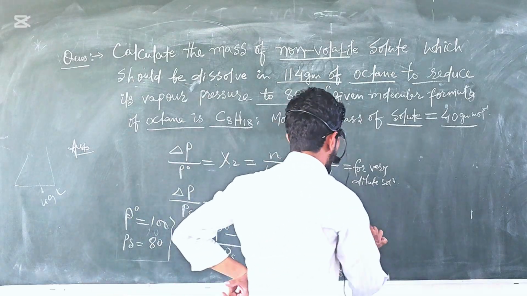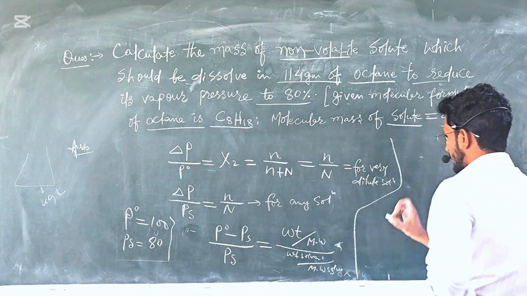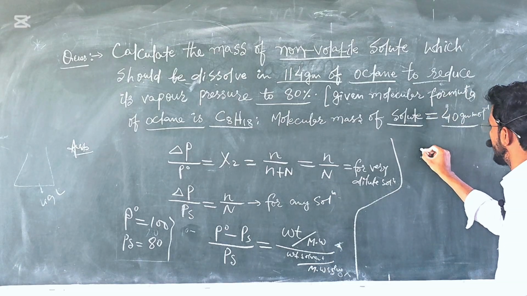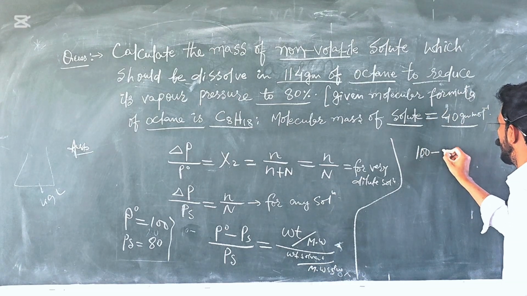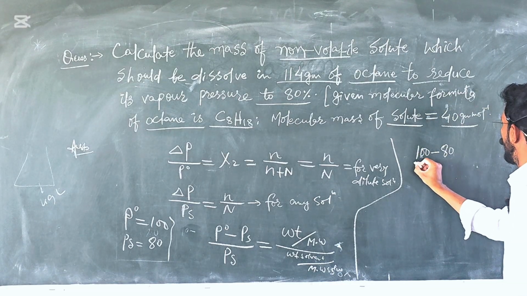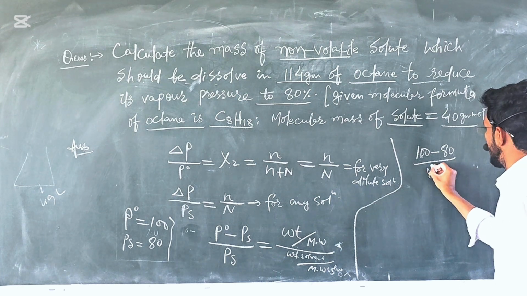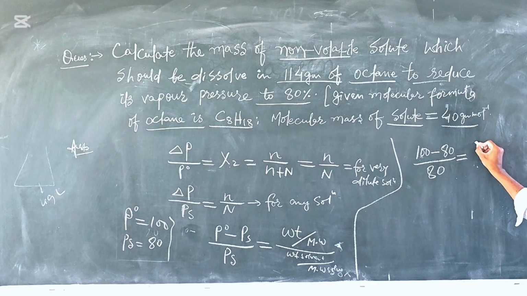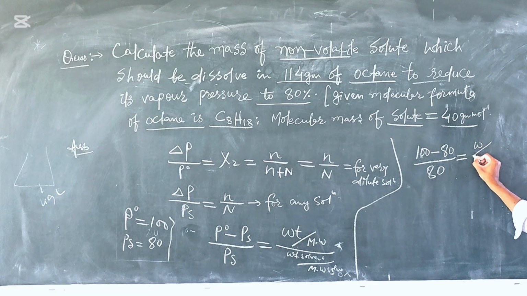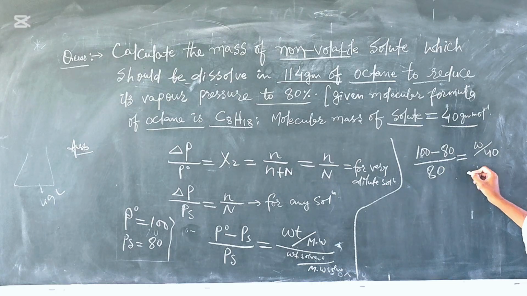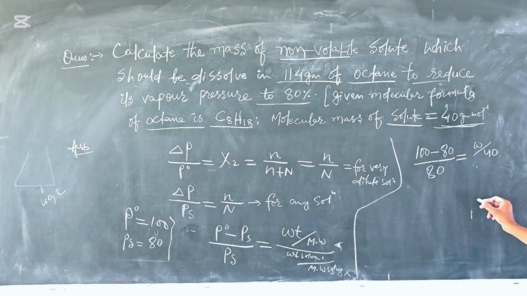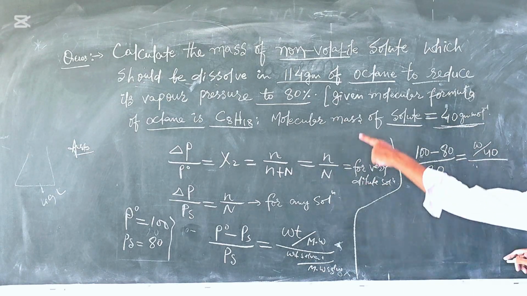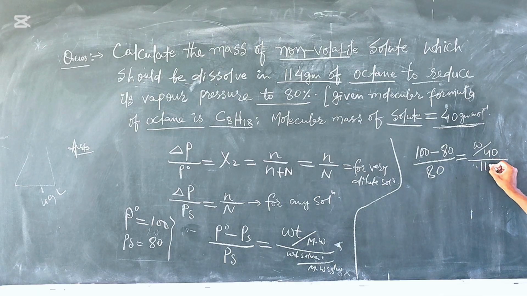Now by putting the values, P naught is given 100 minus Ps is 80 upon Ps is 80 is equal to weight of solute. We have to find out this W upon molecular weight of solute, given 40, upon weight of solvent, already given 114, upon molecular weight of solvent.